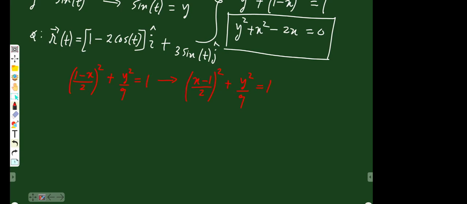Essentially this is (x minus 1) squared divided by 4 plus y squared divided by 9 is equal to 1, and that is again (x minus 1) squared divided by 4 plus (y minus 0) squared divided by 9 is equal to 1. And this is the equation of what?